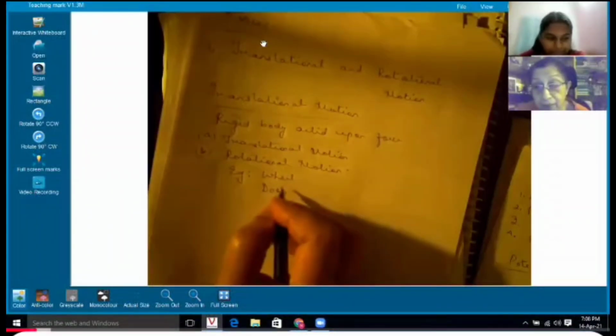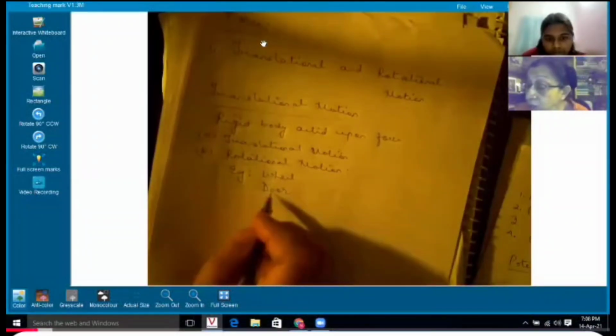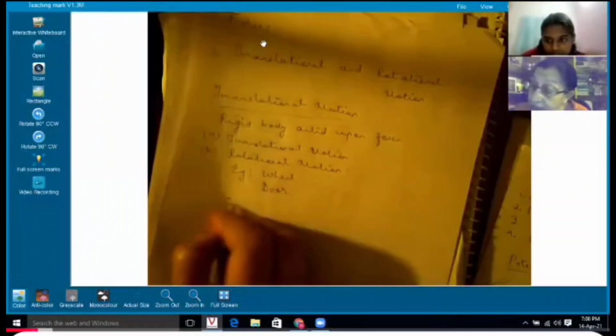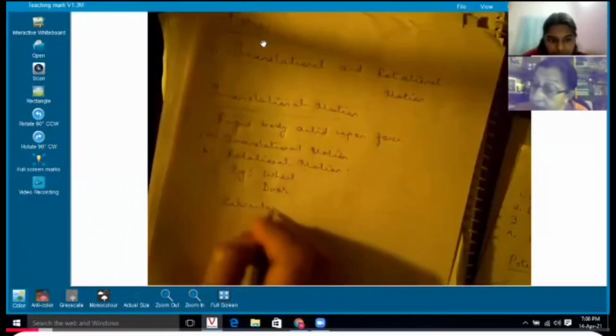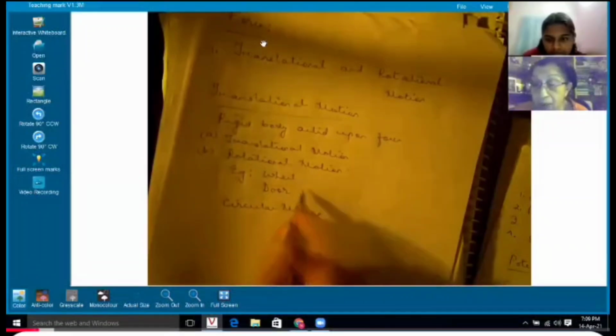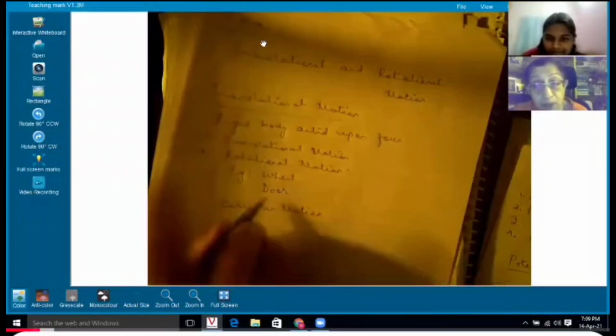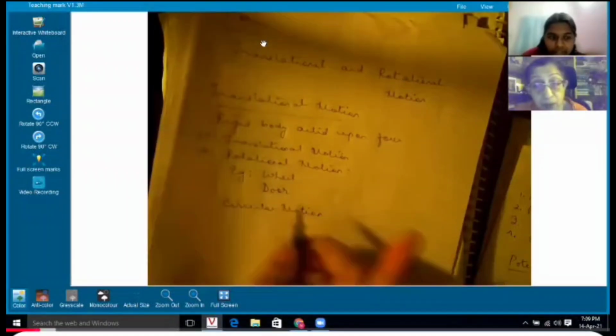Yes, ma'am. Okay. Now, why will you say that the wheel or the door is not exhibiting circular motion? What is the difference between rotational motion and circular motion?